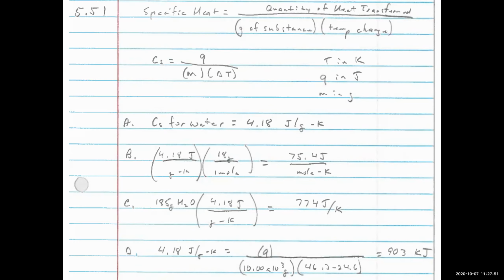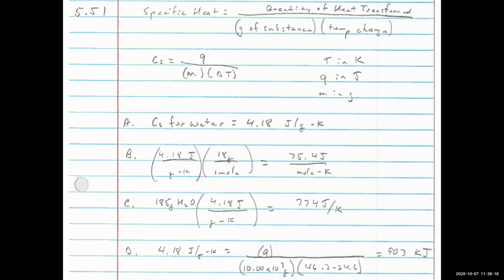So we think back to our equation. Heat capacity is energy divided by mass divided by delta T. So we're given that Cs value, that specific heat value, and so it's 4.18. We need to enter the mass in.